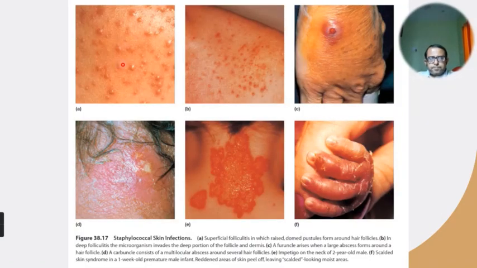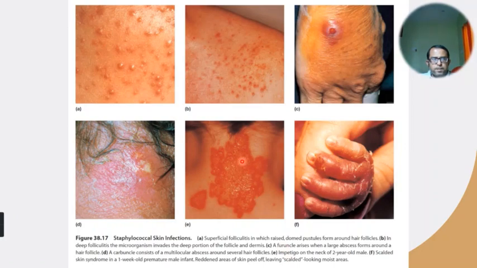So you can observe here the superficial folliculitis, which occurs in those parts where hair is present, at the hair follicles. Deep folliculitis is similar. Then this one is the furuncle. Then a carbuncle is this one, present behind the neck of that person.